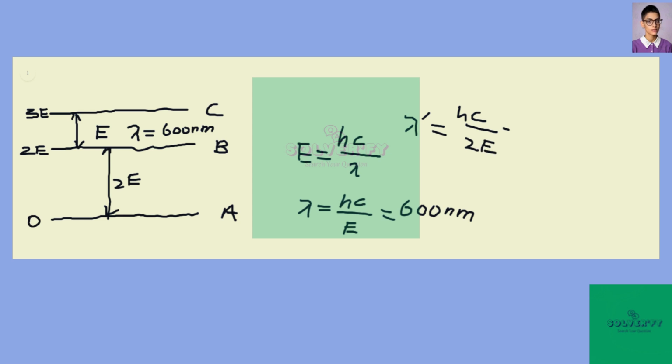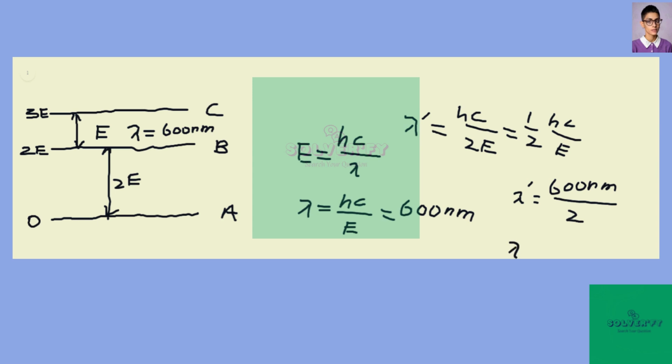And we get this is equal to 1 divided by 2 times Hc divided by E. And we know that this term Hc divided by E is equal to 600 nanometers. So we get lambda prime is equal to 600 nanometers divided by 2.